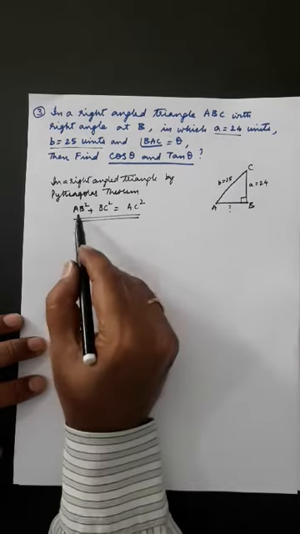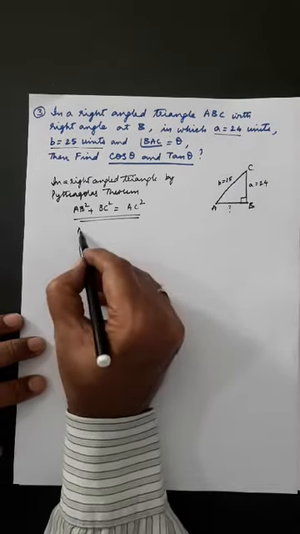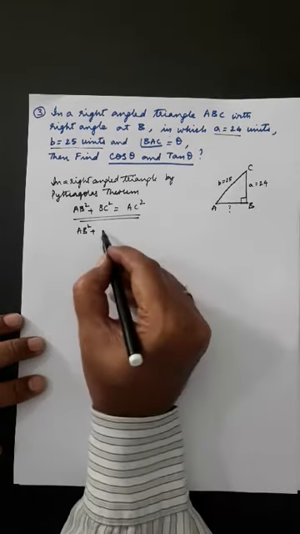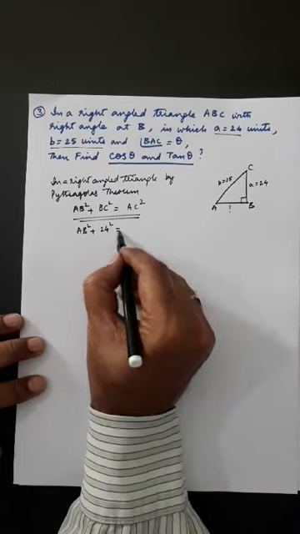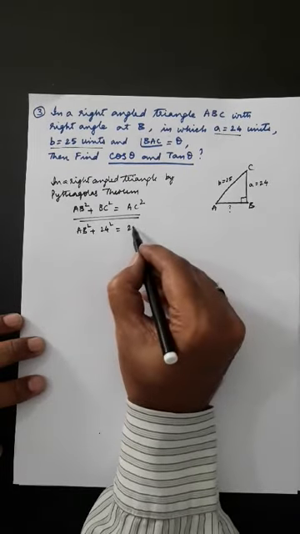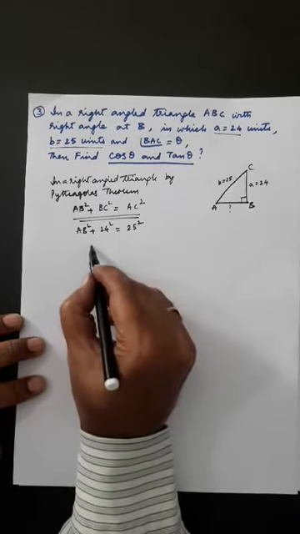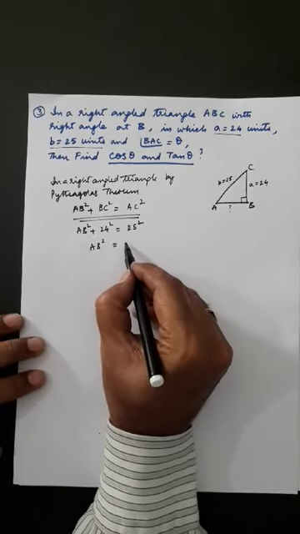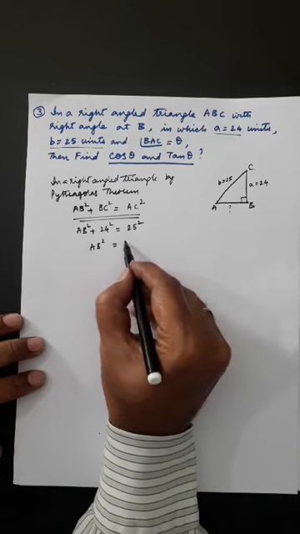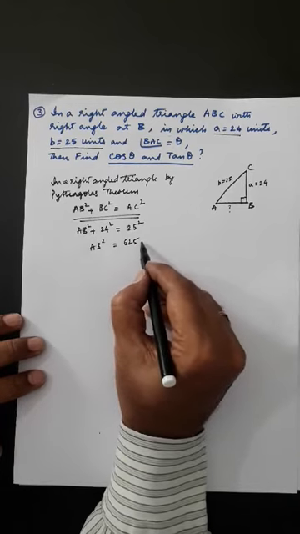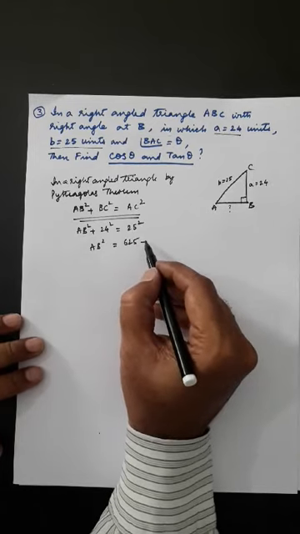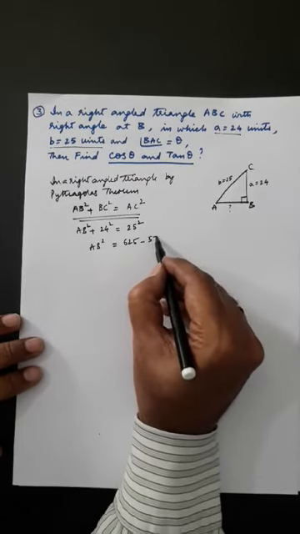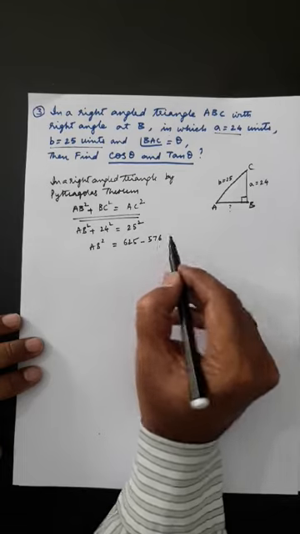Here AB we need to find out. BC is 24 square equal to AC is 25 square. AB square equals 25 into 25 is 625, minus 24 into 24 is 576.